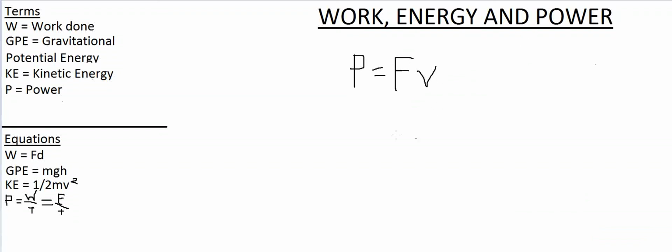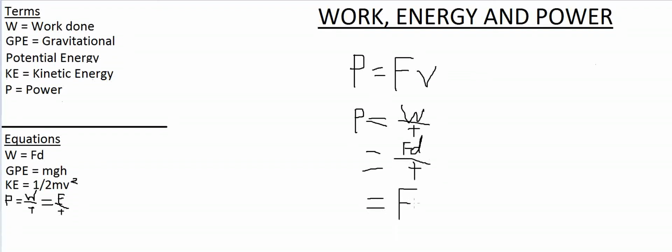P equals work done over time, which is equal to force times distance over time, and that is equal to Fv, because distance over time equals the speed or velocity.